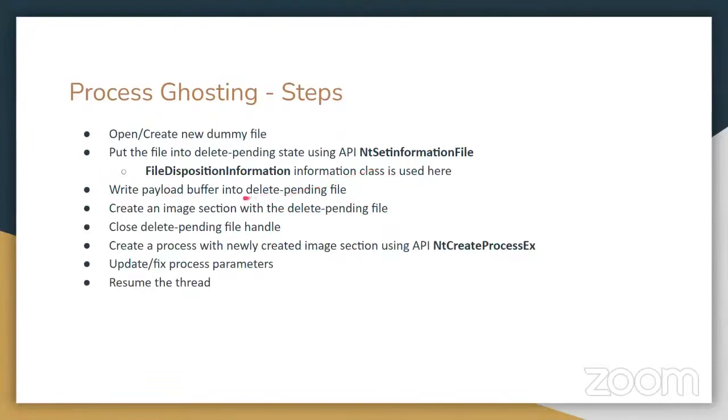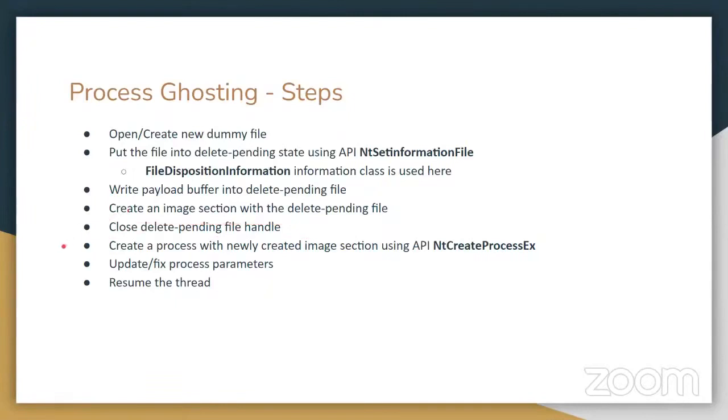So using the delete pending file, we will create the image section. And once the image section is created, we do not need the pending file. So we will just close the handle to the delete pending file. Once we close the handle, the file will be automatically deleted from the system.